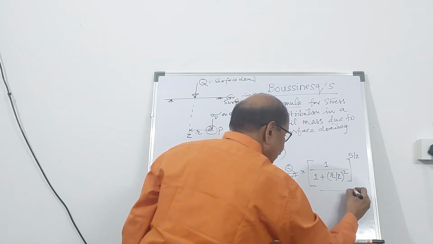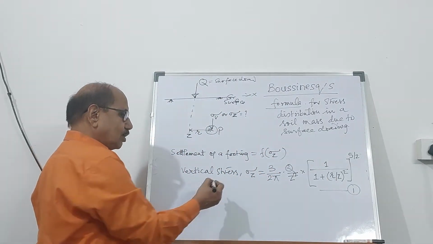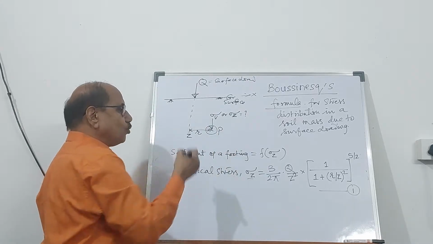This is the famous formula given by Boussinesq for computing the vertical stress at any point.